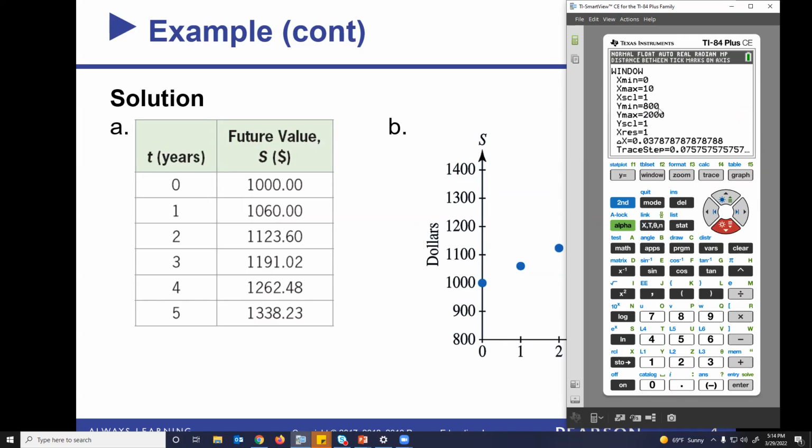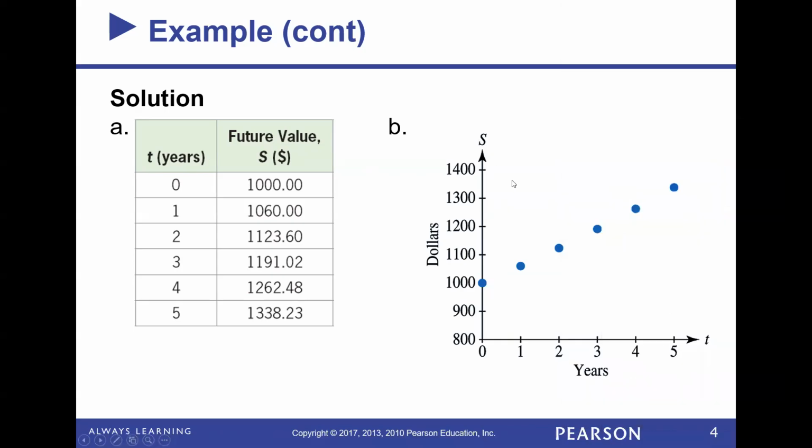So that's going to be 801, 802, 803, 804, 805, 806, 807, and so forth, which is a lot. So if you'll notice when we look at what they've drawn here, every tick mark actually represents 100. So if I were to change Y scale to 100, I notice that now all those tick marks are a little bit different. They look spread out and looks more like the graph that they kind of showed me here for all the individual points.